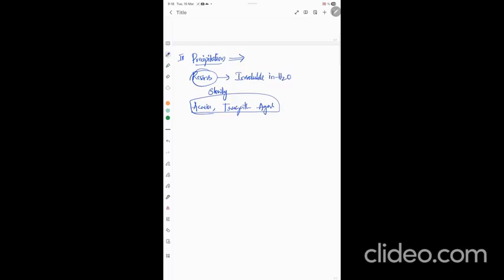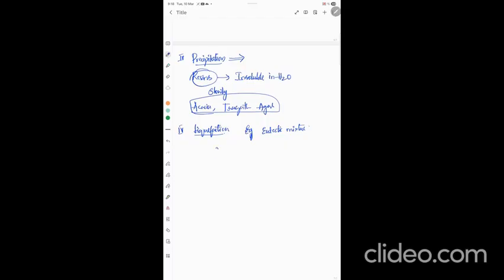Okay, and then the fourth category we have is the liquefaction. So liquefaction is nothing but, for example, your most favorite eutectic mixtures. These eutectic mixtures are formed when certain low melting point solids are mixed together, and a liquid or soft mass called a eutectic mixture will be formed.